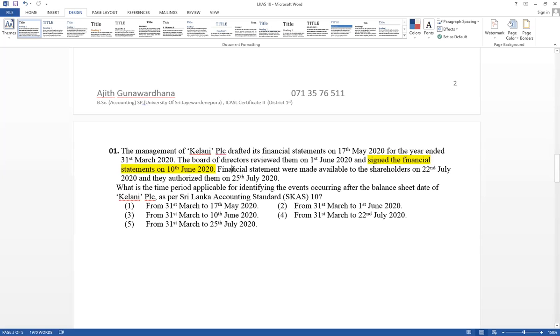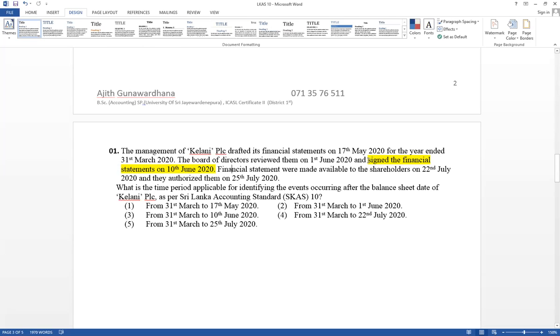That is what we consider. Financial statements were made available for stakeholders on 22 July 2020 and authorized on 25th July 2020.